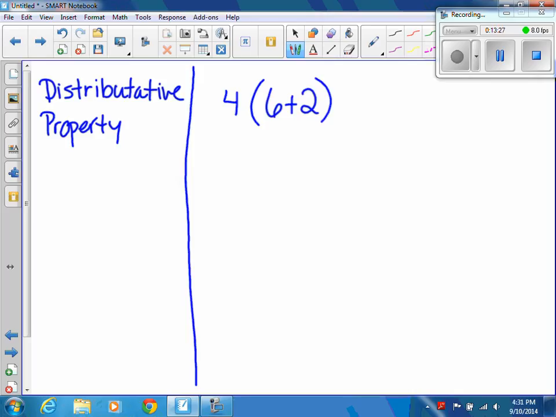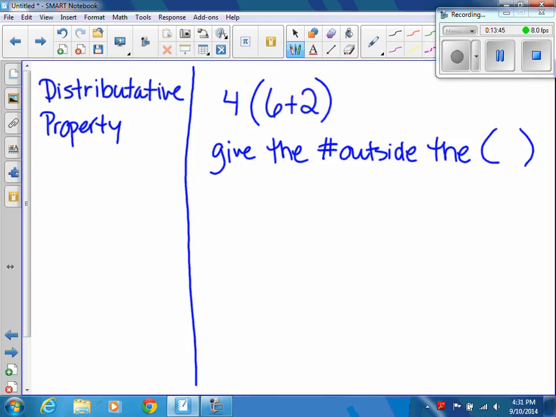So I'm going to distribute, which means give. I'm going to give the number outside the parentheses to all the numbers inside.